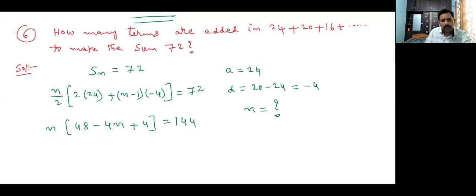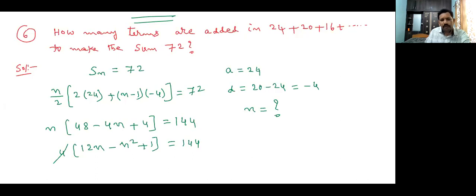Now take 4 common here, and multiply with n. 12 4s are 48. Here will come 12n minus of n square plus 1, that is equal to 144.